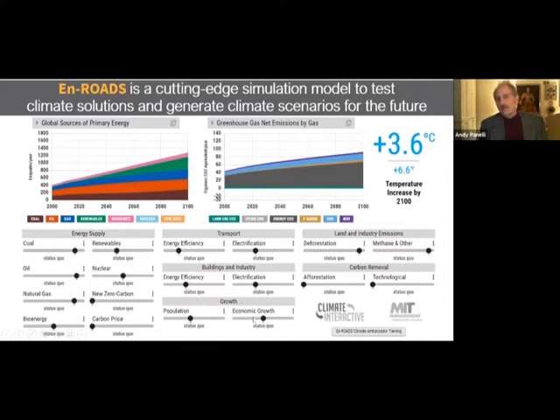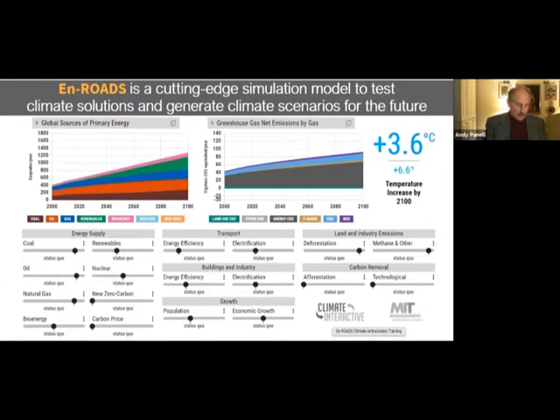We can tinker with population and economic growth, deforestation, afforestation. All of these things have an impact on carbon and how much carbon is going to be emitted. And this is kind of the business as usual case, and it drives a certain amount of temperature increase towards the year 2100 there.